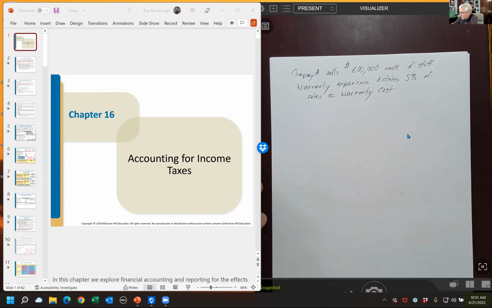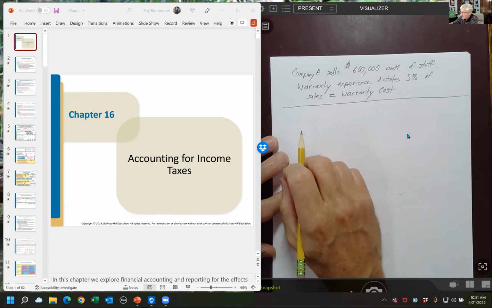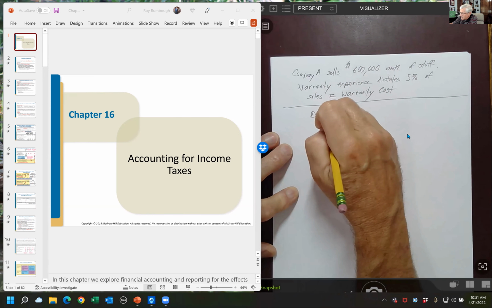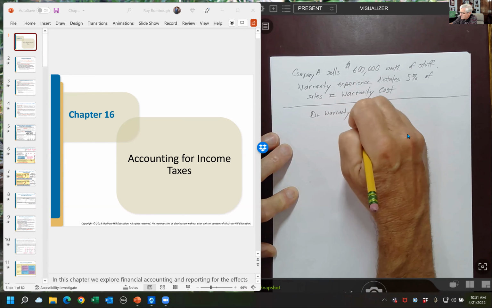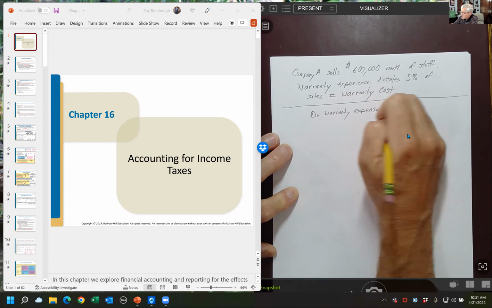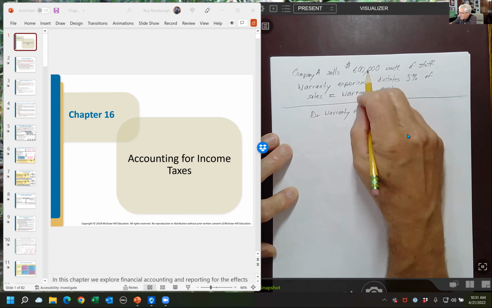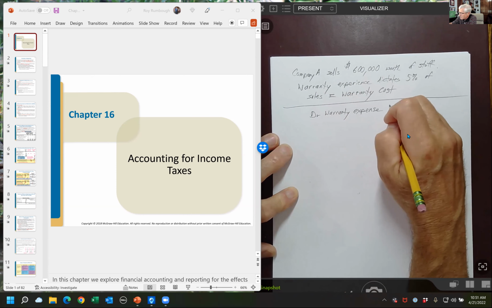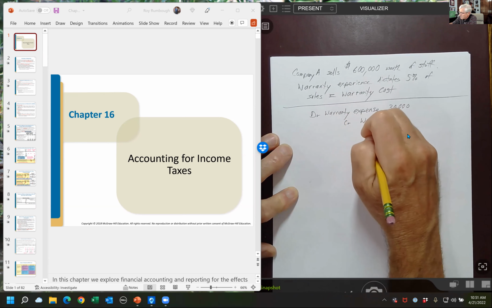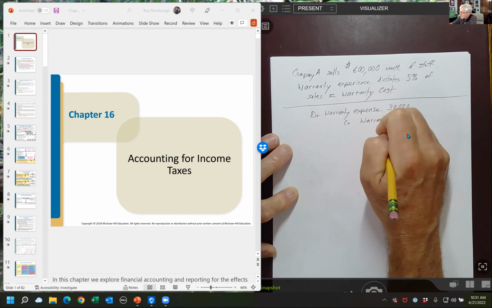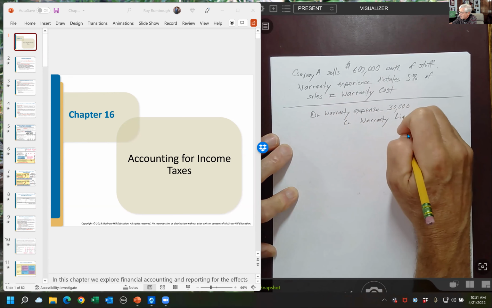So this is from chapter 13. What's our entry? We're going to debit warranty expense for 5% of 600,000. That's 30,000. And we're going to credit a warranty liability.